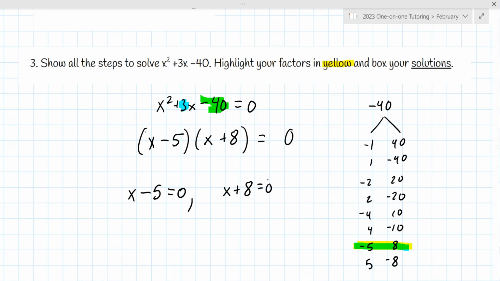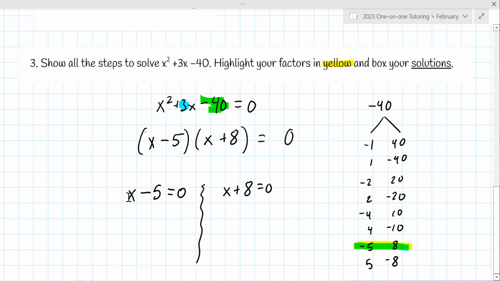Now, how do you solve these? You can't add them. They're separate questions altogether. So how do you isolate x? You want to get x alone. You undo anything on the same side.